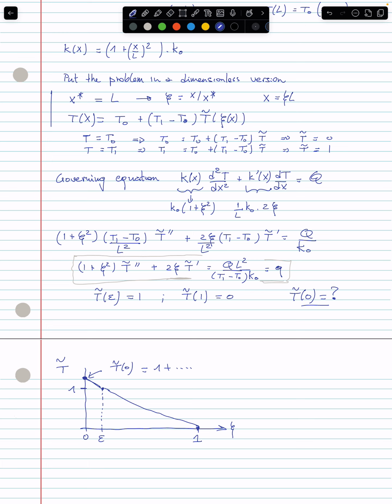Instead we're going to take advantage of perturbation methods in order to solve the problem in a different manner. We do observe that we have a differential equation problem here. The differential equation is not perturbed by the small quantity. The place where the small quantity appears is where the boundary condition is applied.